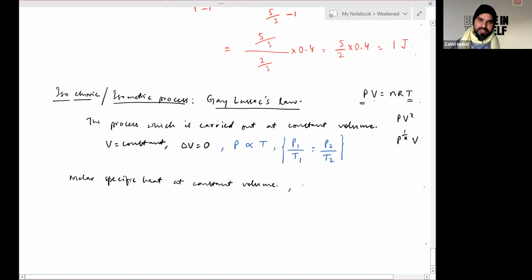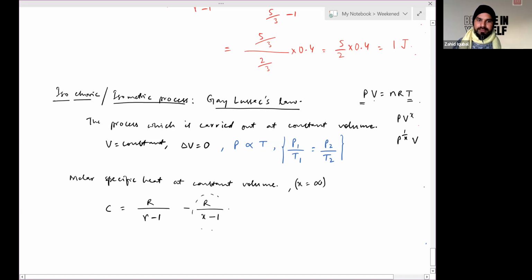In the general expression of molar specific heat, that is R by gamma minus 1 minus R by x minus 1, if you put the value of x to be infinity, 1 by infinity becomes 0.